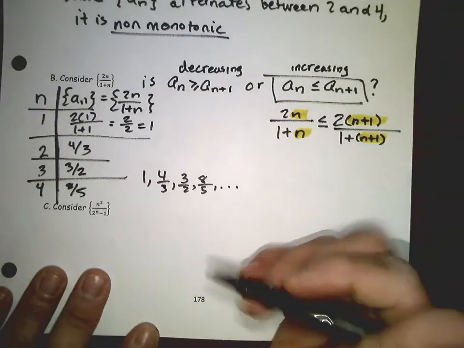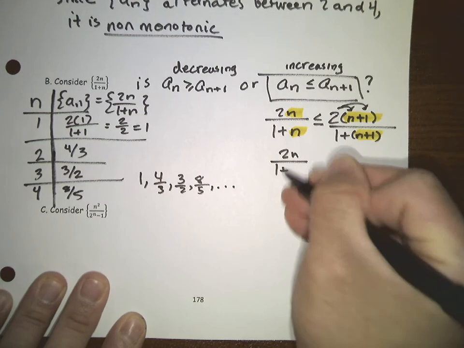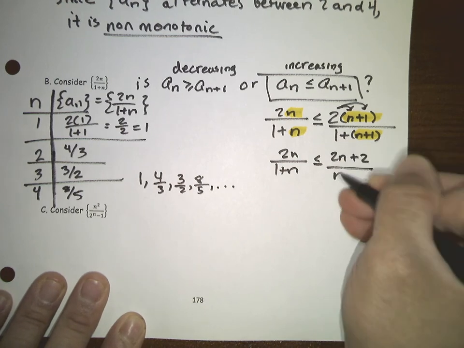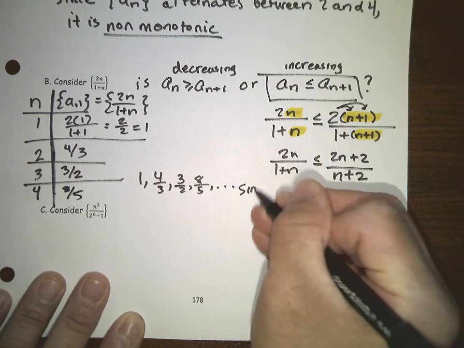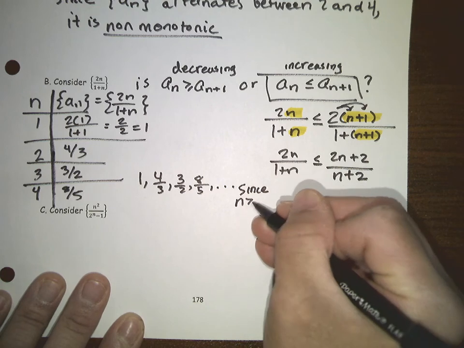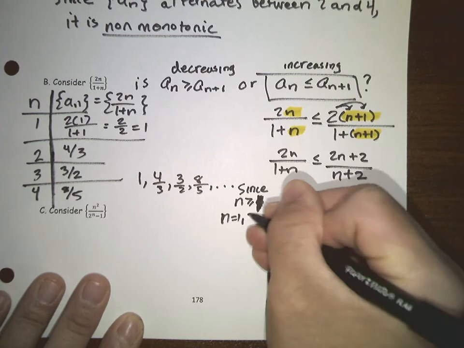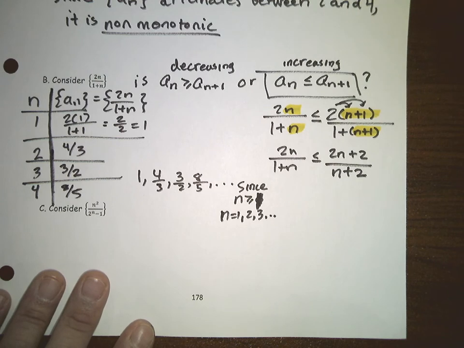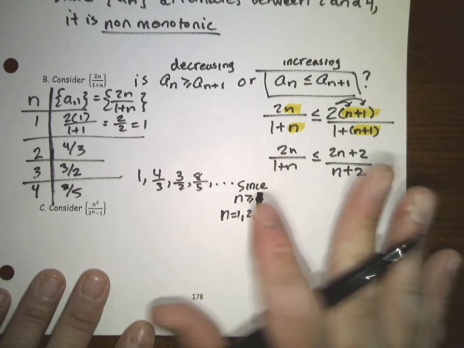If I distribute the 2 here, I have 2n over 1 plus n less than or equal to 2n plus 2 over, if I combine like terms, n plus 2. Since n is a positive integer, greater than or equal to 1, so n is equal to 1, 2, 3, I don't have to worry about anything strange going on with the inequality. So don't worry about that quite yet.